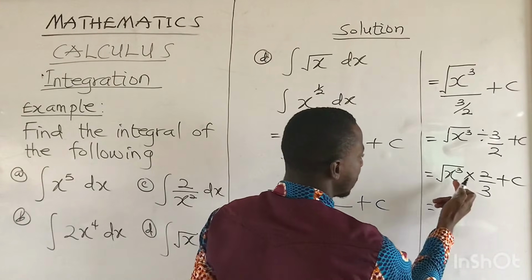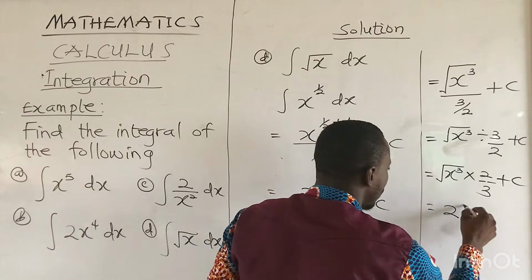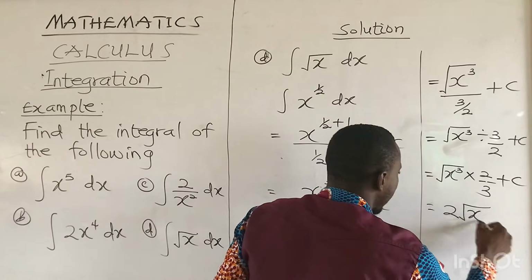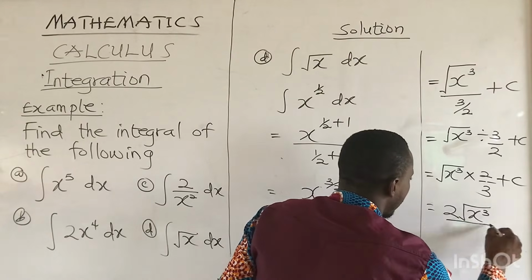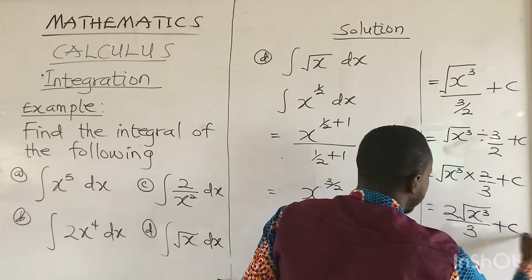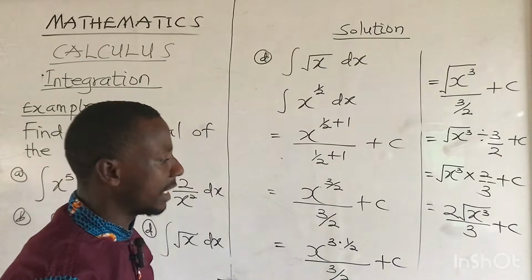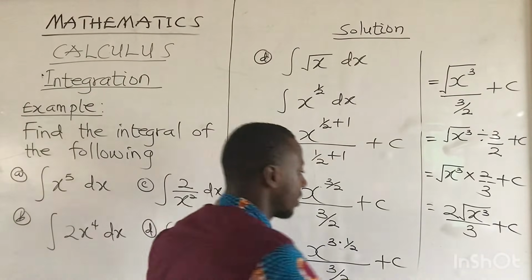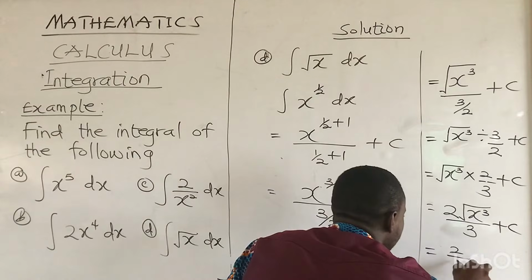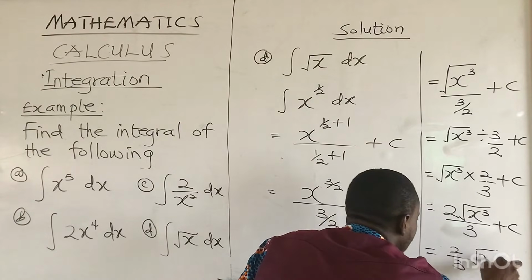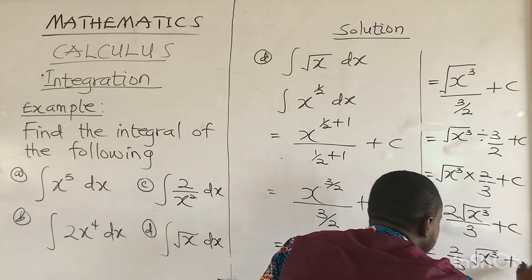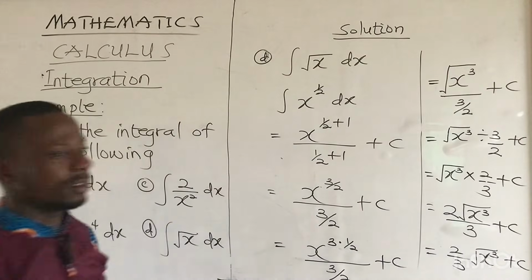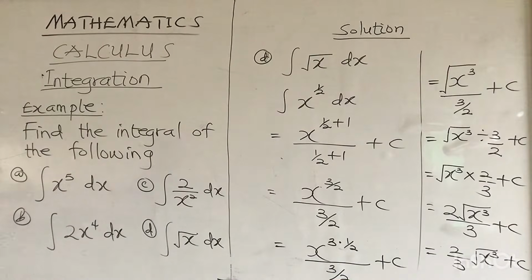So we have 2 root of x cubed all over 3 plus c. And this will be your final answer. Notwithstanding, we can rewrite it as 2 over 3 root of x cubed plus c. And this will be the first aspect under integration.